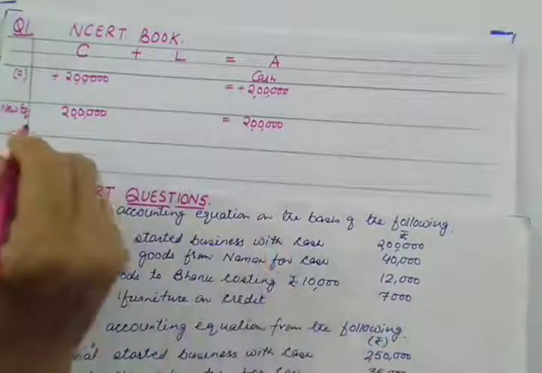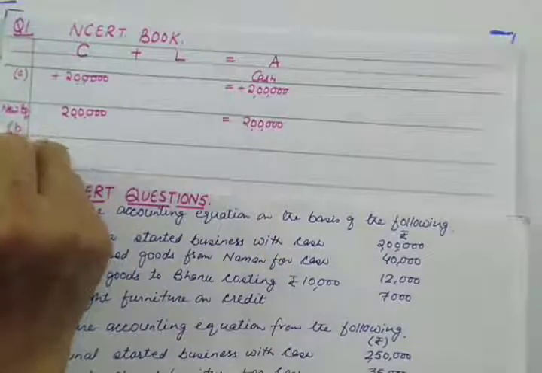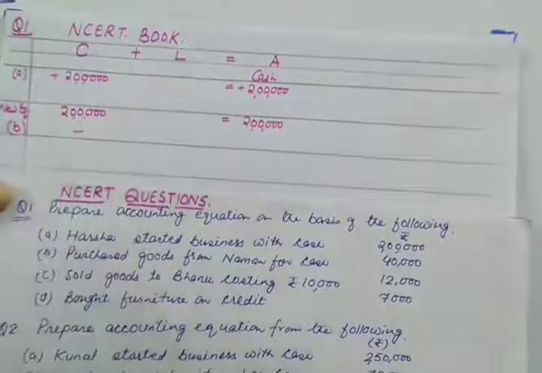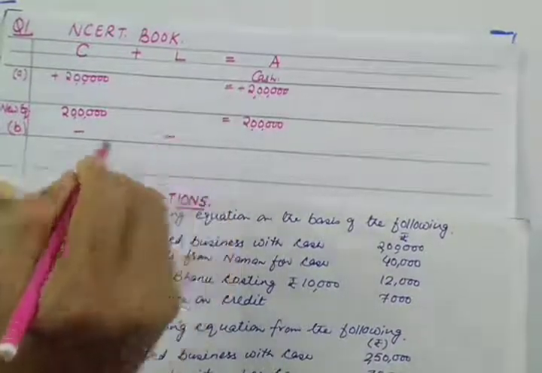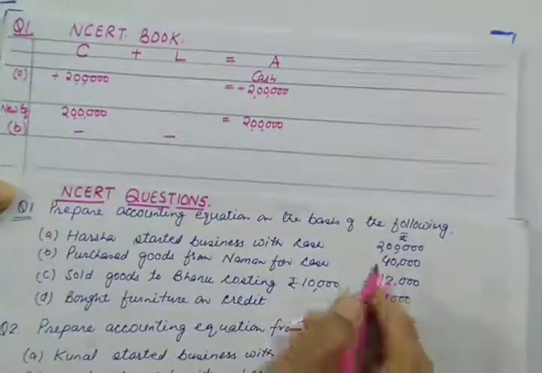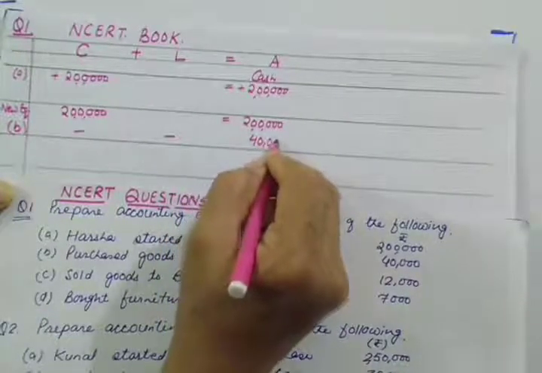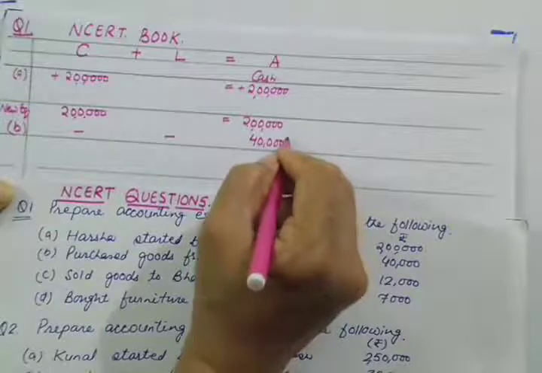So what will happen in this case? This is transaction B, transaction number B. No change in capital, no change in liability. So this will reduce your cash by 40,000, number 1.